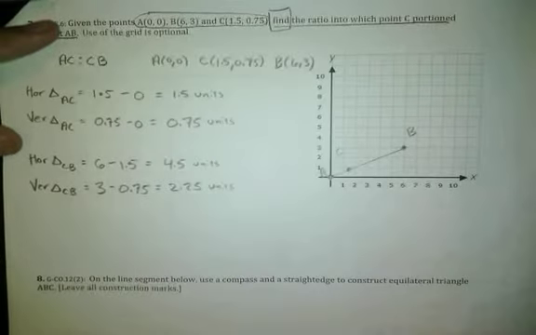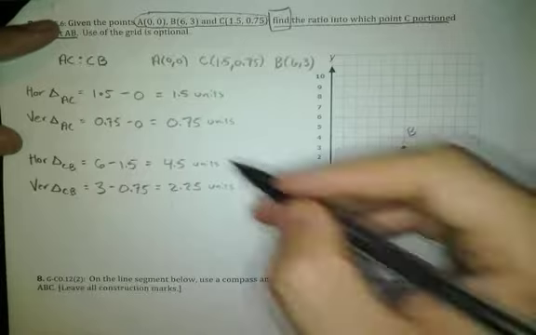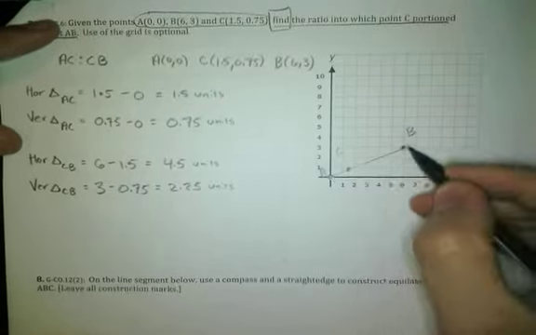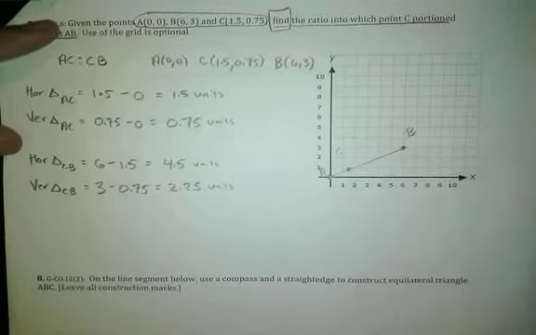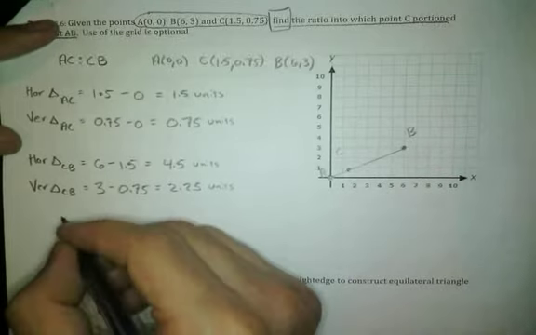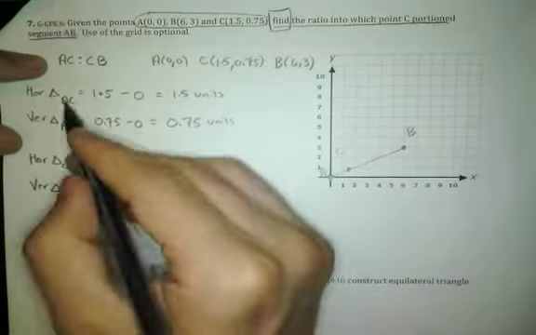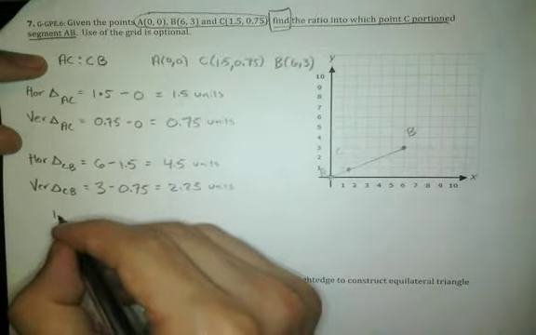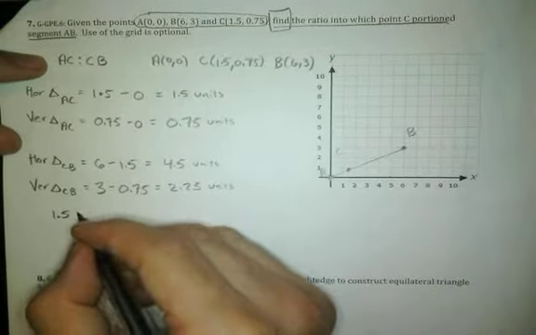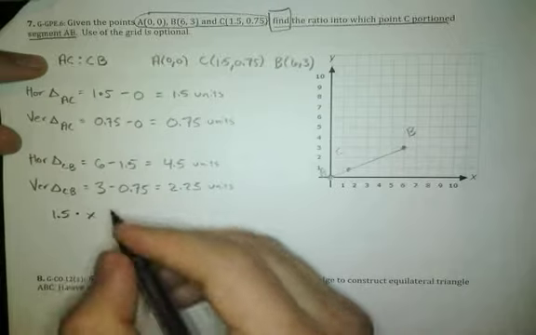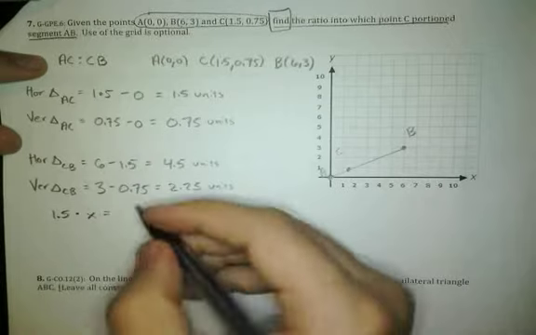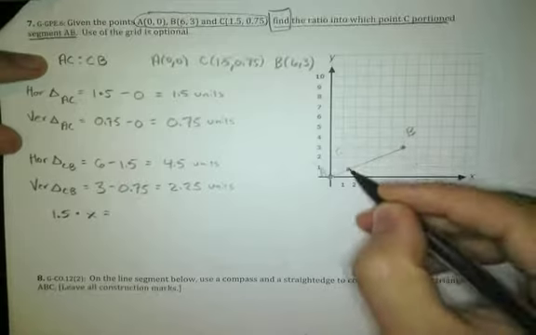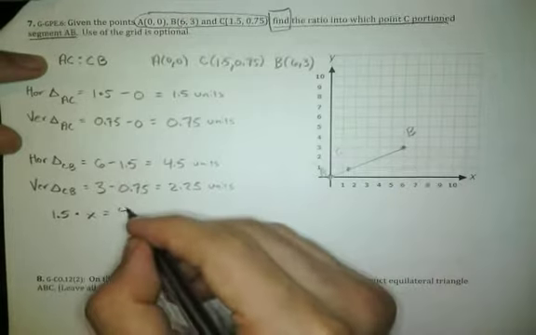Now what I need to do is find out how much bigger segment CB is compared to CA. I knew that for A to C, I had a horizontal change of 1.5. And I need to figure out how many times bigger that is, or what I would need to multiply to get to the horizontal change of C to B, which is 4.5.